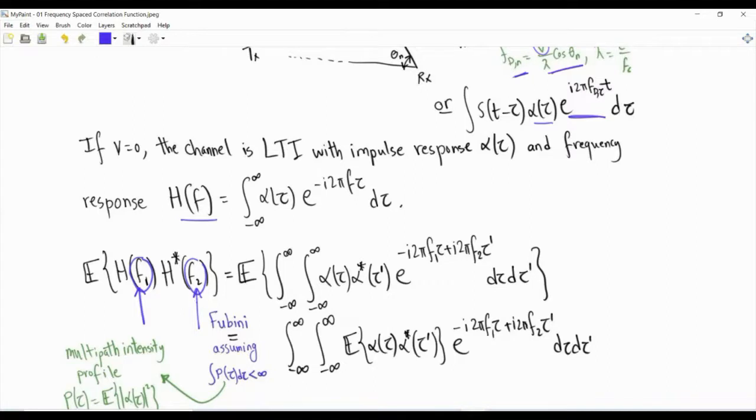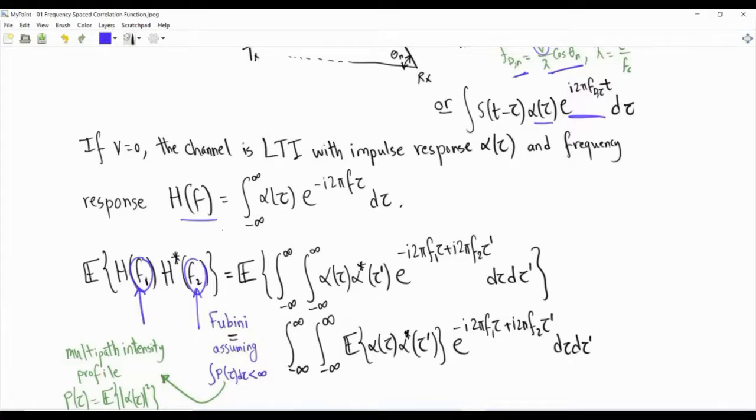Okay, so these are generally two different frequencies, and we want to study the correlation. How are the channel gains at f1 and f2 correlated?